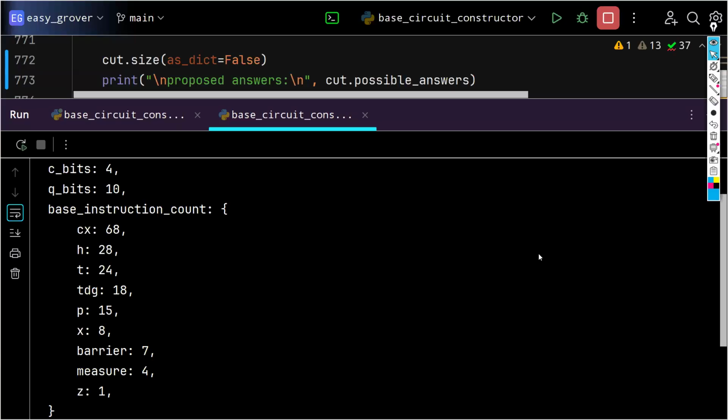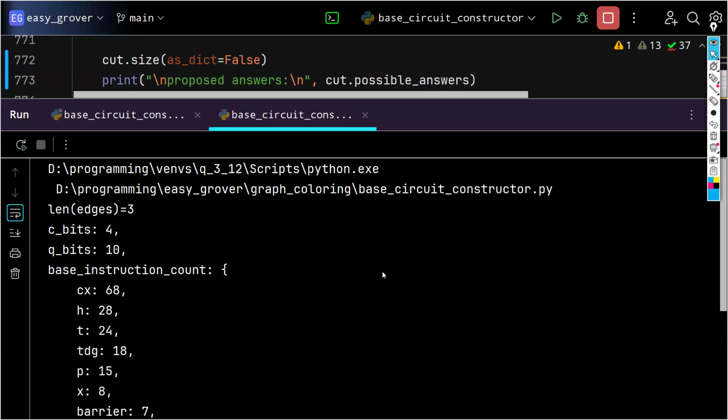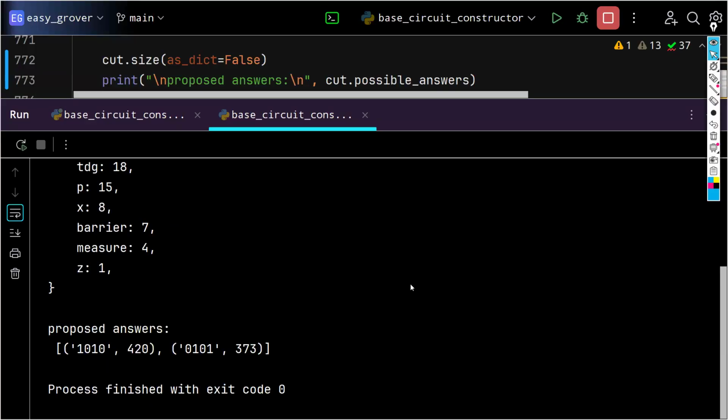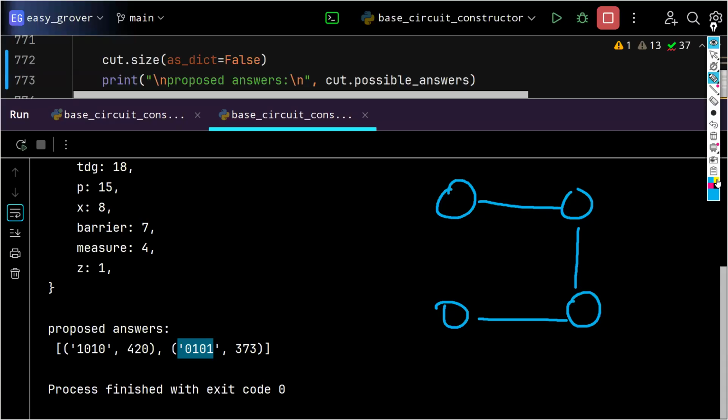So here marks the end, and an actual end, I promise. I really promise. Here actually marks the end of the workshop. Here is also a proposed answer, so my algorithm worked, because this was, if you recall, our graph, and 1 means one color and 0 means another color.